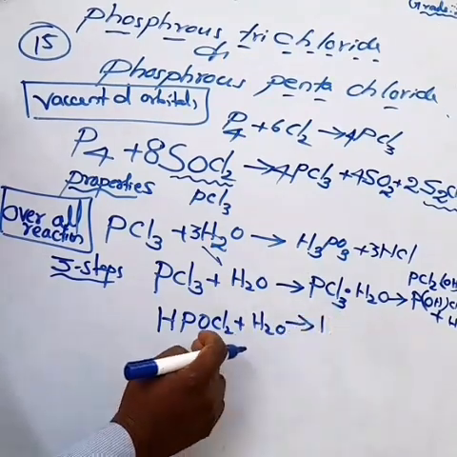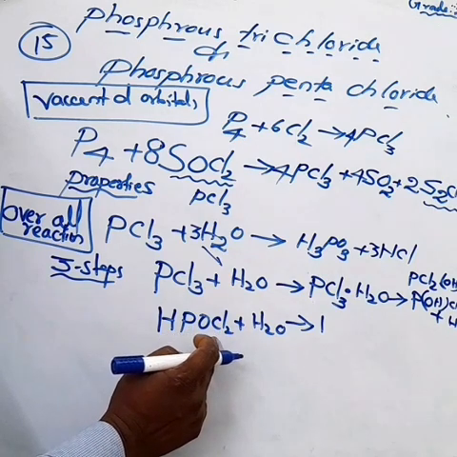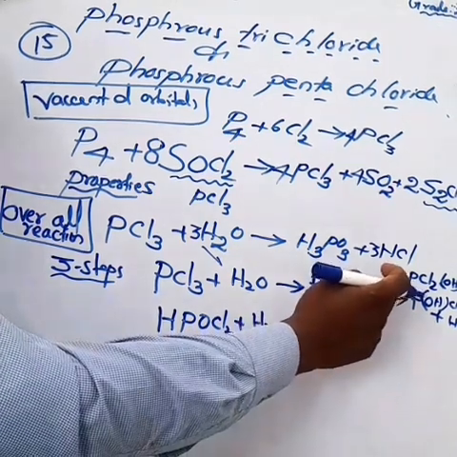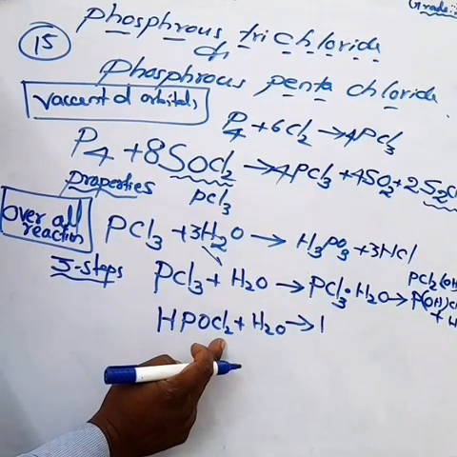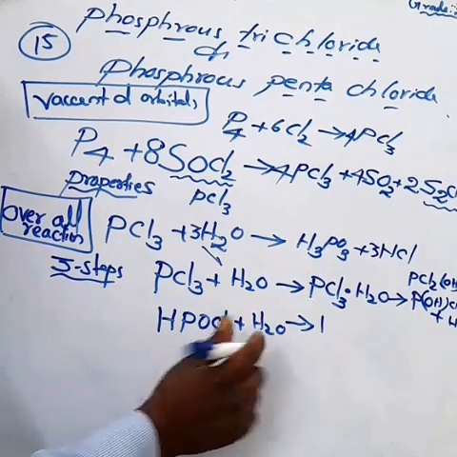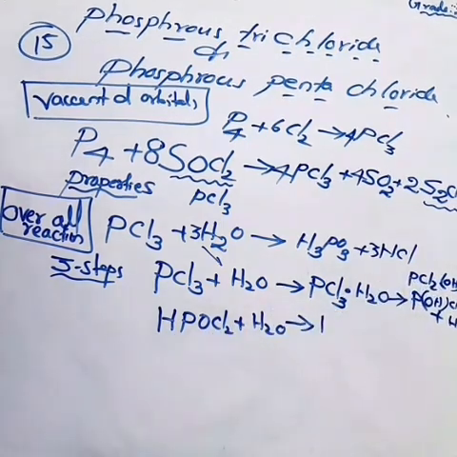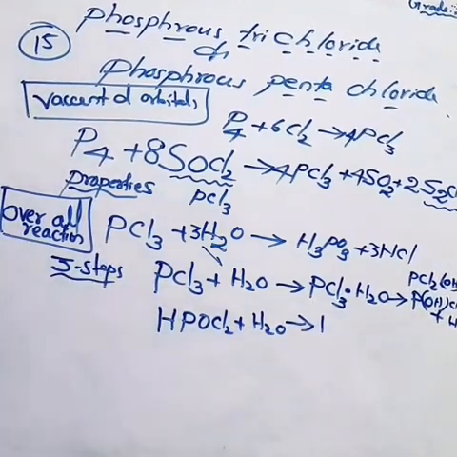This POHCl2, otherwise PCl2OH, can be written as HPOCl2. That's the same product, don't confuse it. The name of the compound is phosphoryl chloride.